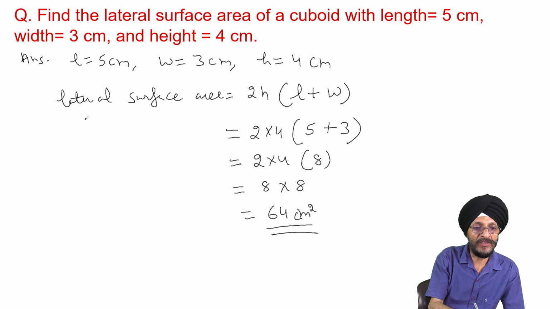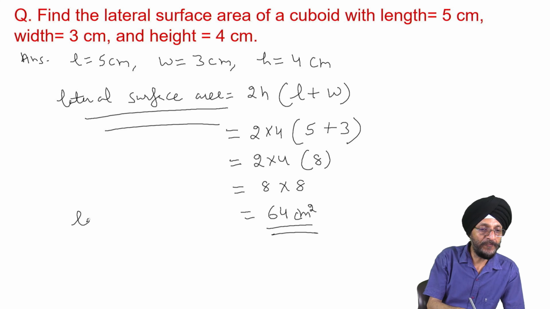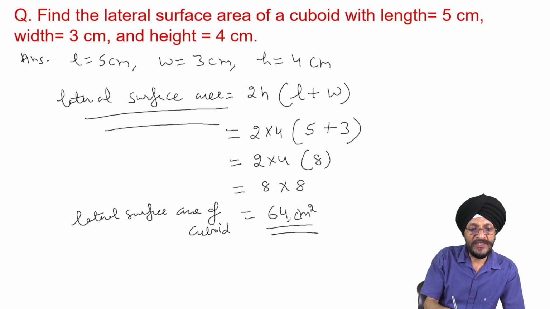Now this is the answer: lateral surface area of cuboid is equal to 64 square centimeter.